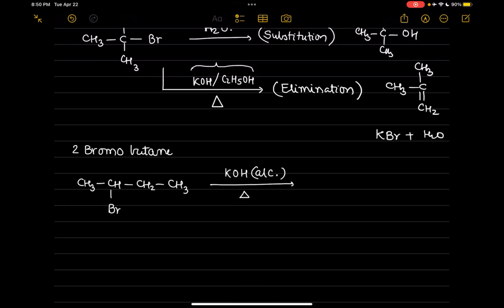Is it clear? Ibrahim, Jasleen, Zainab. Yes, sir. So this is the position where the Br is attached, on the second position. The H will be removed from the first position or from the third position.